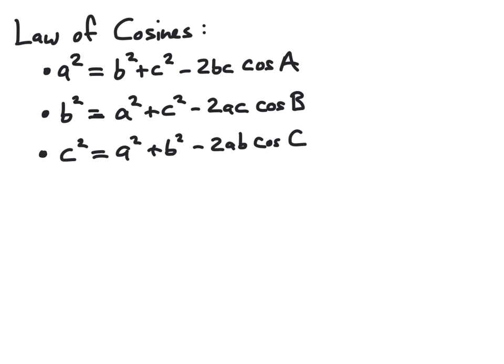Notice, however, that they are virtually the same. For each of them, we have a side length squared on one side of the equation, and on the other side of the equation will be the sum of the squares of the remaining two side lengths minus 2 times the product of those remaining two side lengths multiplied by the cosine of the angle opposite the original side.